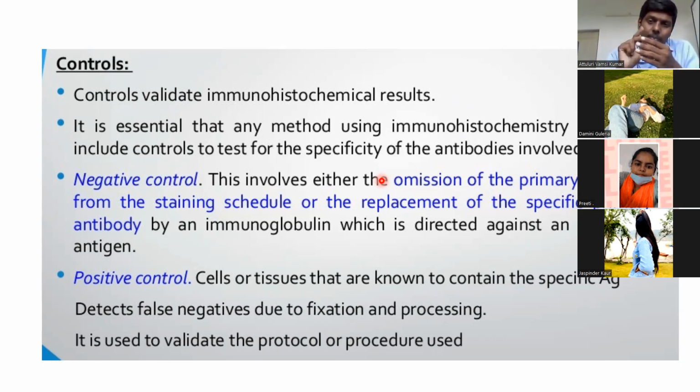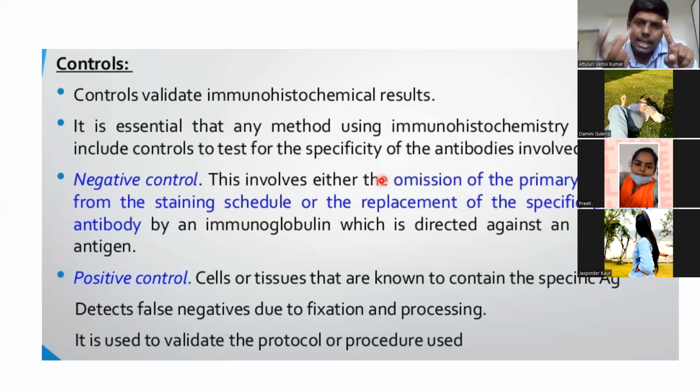Another important thing: upon staining with our antibody, the antibody localizes the particular antigen within the tissue. Say, for example, in this tissue I need to target this particular antigen. This antigen has been targeted with my antibody, and my antibody has given color to this particular part of the tissue. Now I can see only the antigen part of the tissue, but I cannot see the complete morphology of the tissue.